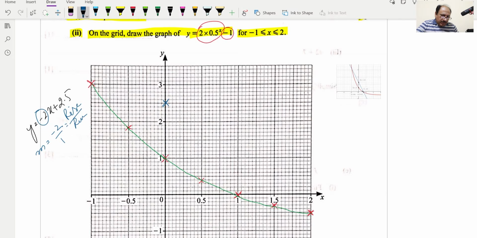So -2 units will be this one, and then 1 unit right will be from here, and we will get this point. Hopefully you understood how I reached the other point.